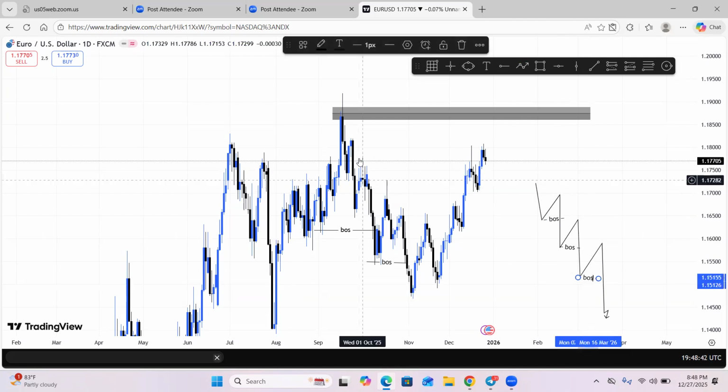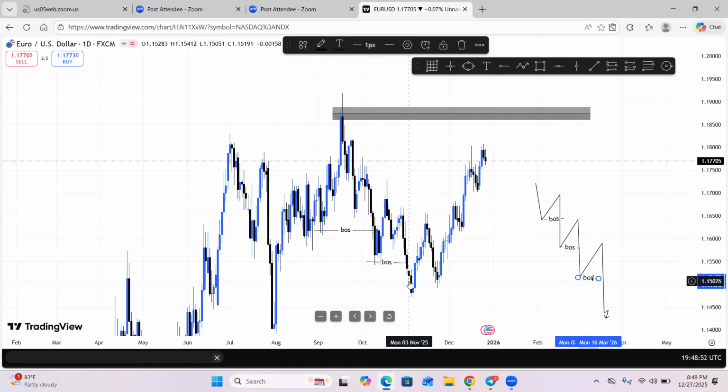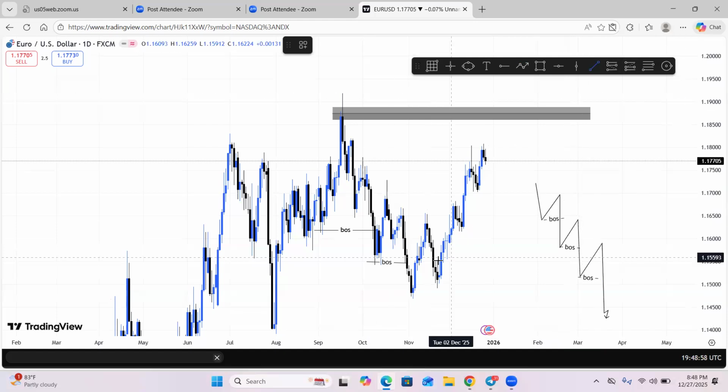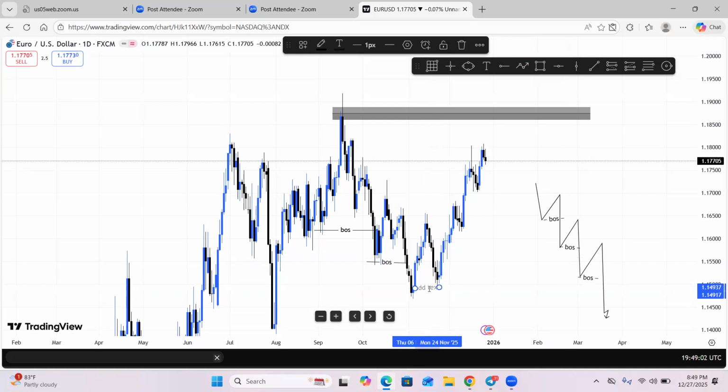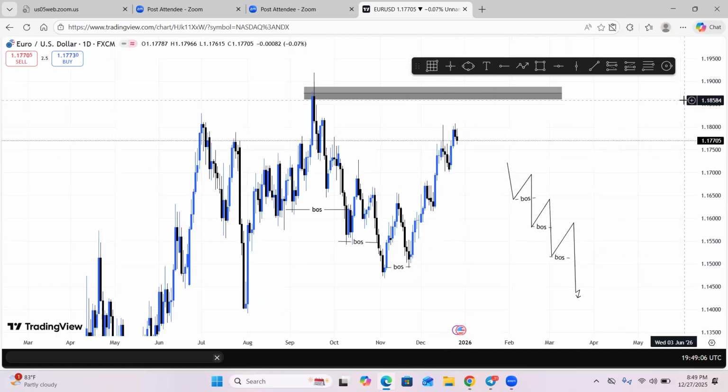And that is what we can clearly see here. There was a break of structure at this level. After that, price moved, retraced up, then came back and cleared this level, giving us another break of structure. Then from here to here is another break of structure to the downside.